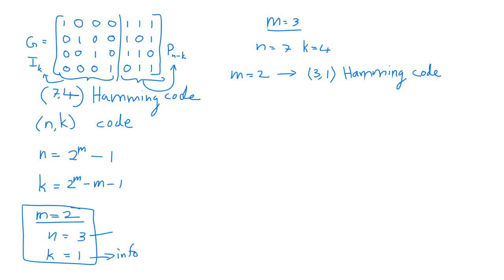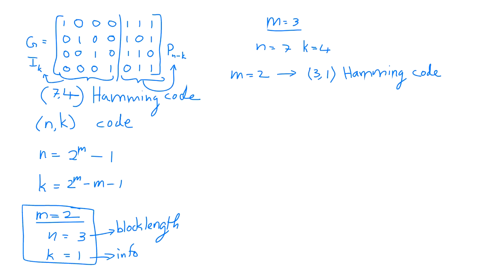The total number of bits in the code word, we call it the block length. That means in a 3-1 Hamming code, we take one information bit and add two parity bits to make the code word of length 3.